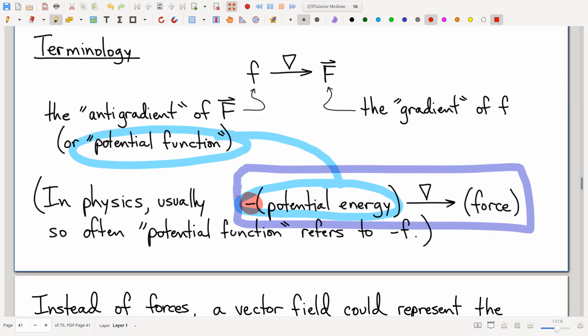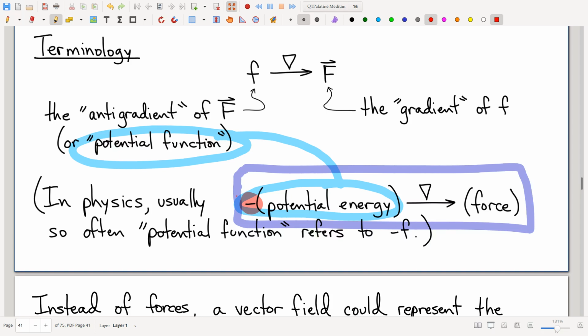Now let me try to persuade you that this minus sign is there and is important. Most of y'all, I think, are familiar with the idea of potential energy, and I think you know that gravitational potential energy is proportional to z. It's proportional to altitude. Let's call that the z-axis. The higher you go, the more potential energy you have.